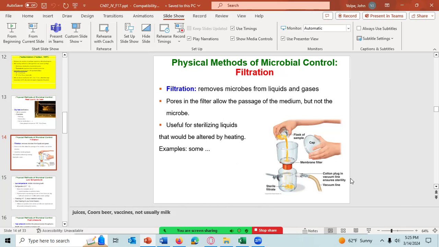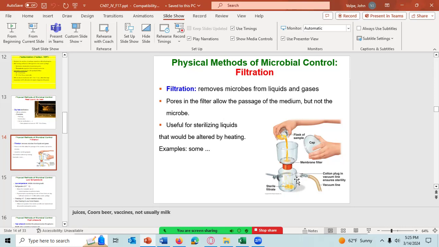All right. Filtration is sterilizing a liquid or a gas by passing the solution that we're sterilizing through a filter that allows the liquid or the gas to pass through the pore, but the pore traps the cells so that down below the liquid is sterile, or the gas would be sterile.